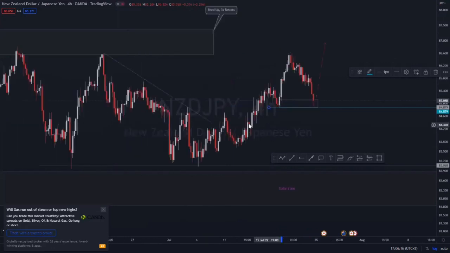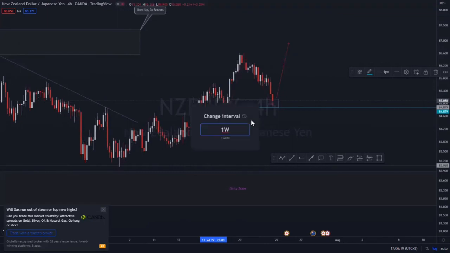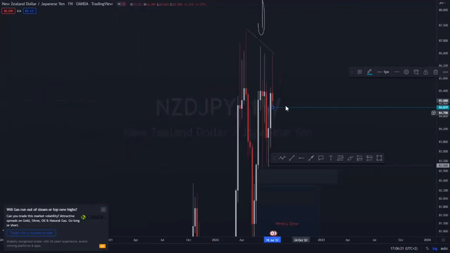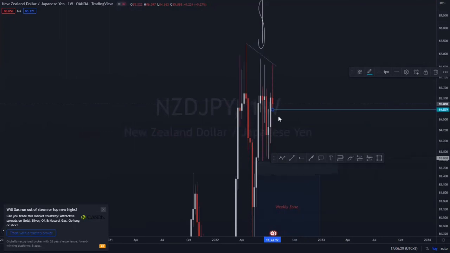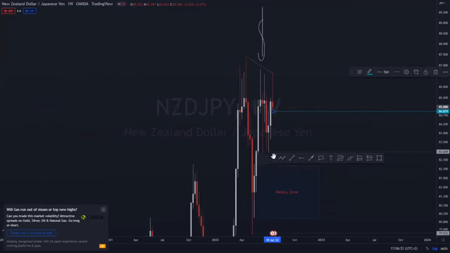So if we go to the weekly, if we get a breakout of this low right here with a closed candlestick, the market might continue to go lower and then go up. You get what I mean?